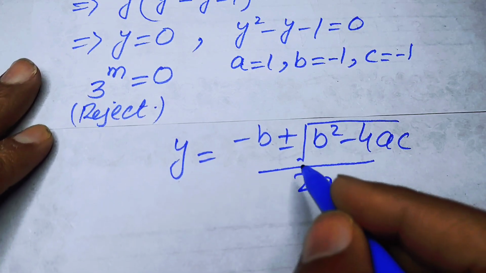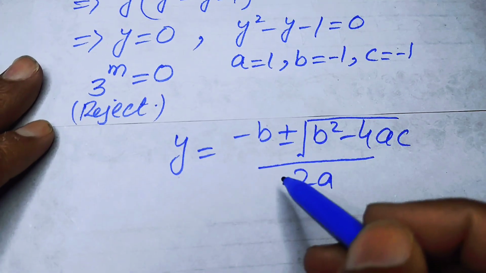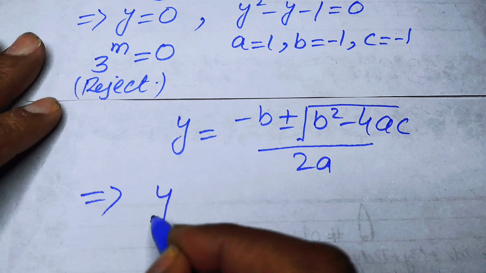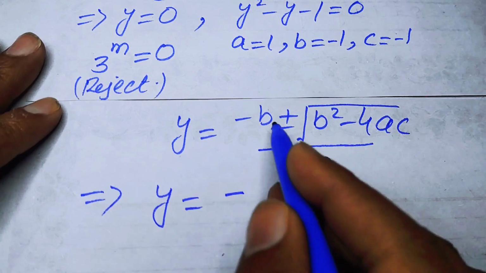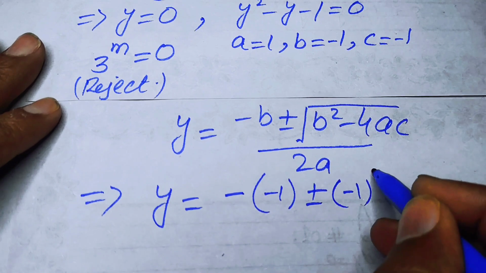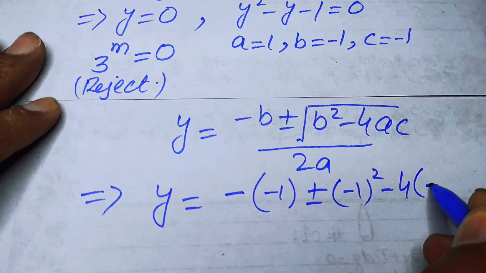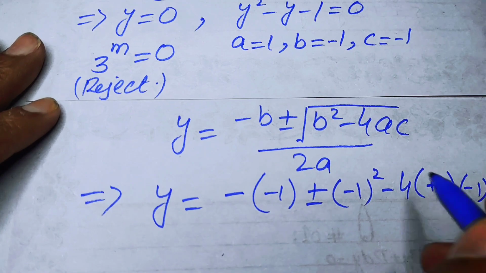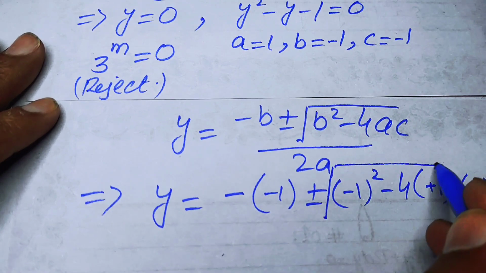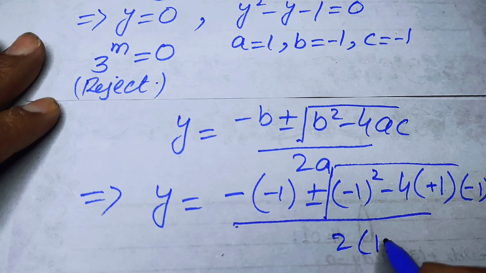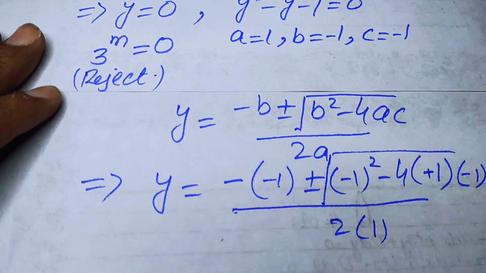So now we can substitute all the values of a, b and c in this quadratic formula, and we will get y is equal to minus times of minus 1 plus minus square root of minus 1 squared minus 4 times of 1 into minus 1, over 2 times of a, and the value of a is 1.